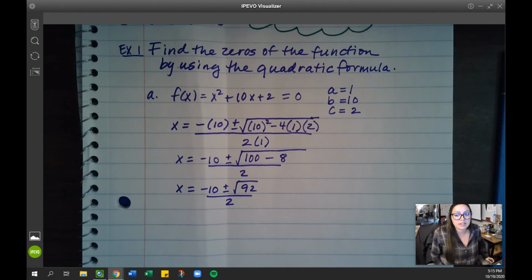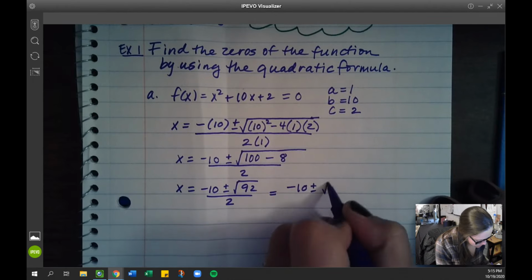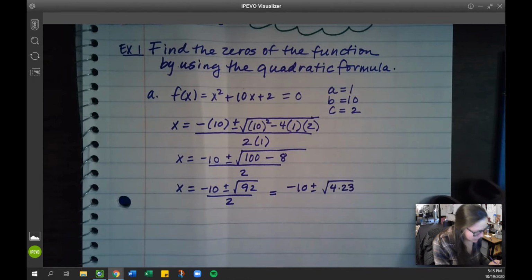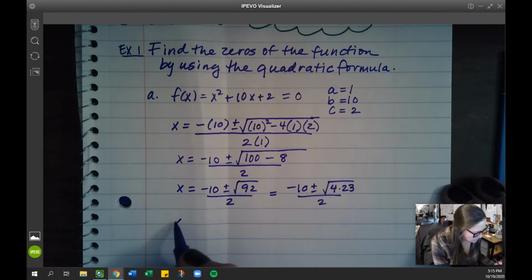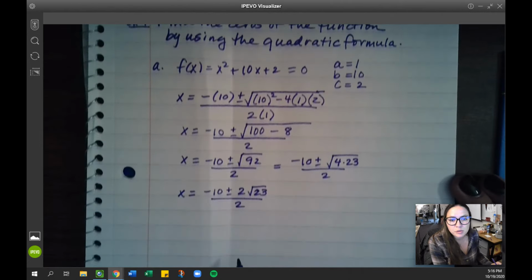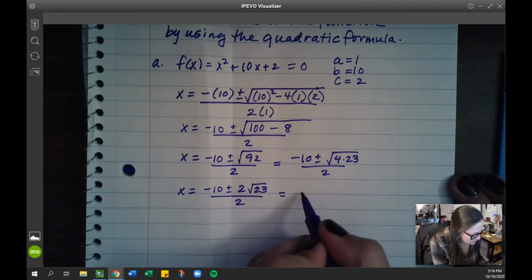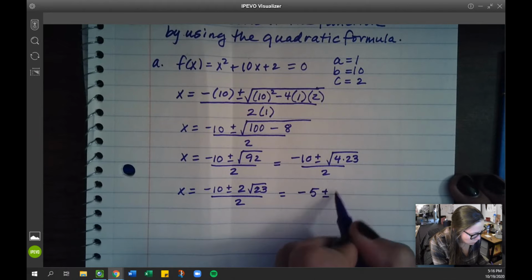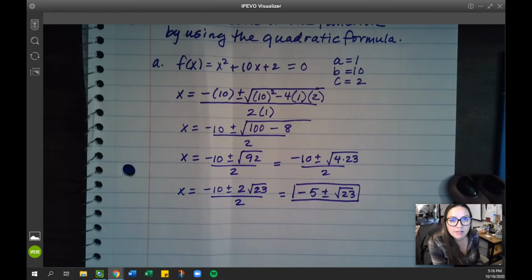But a perfect square does go into it. 92 is 4 times 23, so I'm going to have negative 10 plus or minus 2 square roots of 23 all over 2, which means the last thing I can do is simplify everything by a factor of 2, which gives me negative 5 plus or minus 1 square root of 23. Fun times.